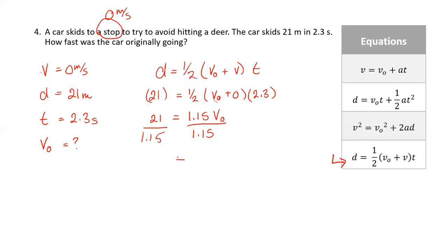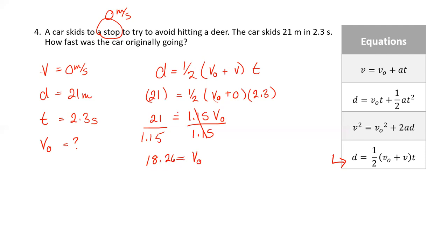And we get the initial velocity, rather than the final velocity, was 21 divided by 1.15, 18.26.